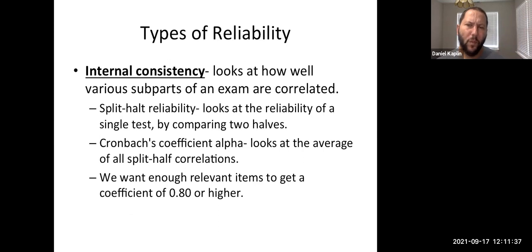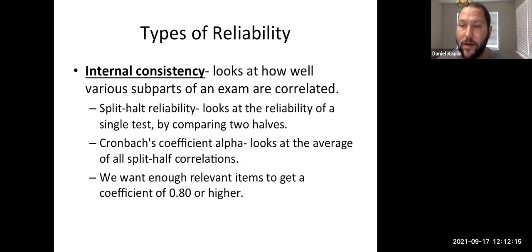When we talk about reliability, it is measured in many different ways. Because we're talking about tests and measurement, we have to talk about the different subtypes of reliability. The first subtype is internal consistency reliability. When we look at various aspects of the test within itself and compare it to other aspects of the test, do we get a strong correlation?